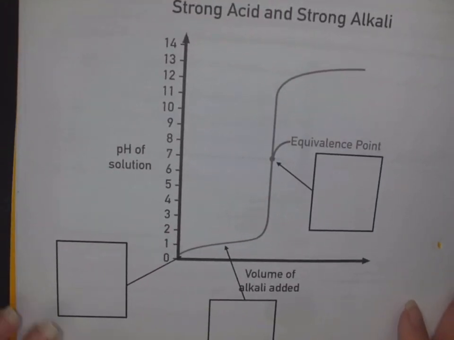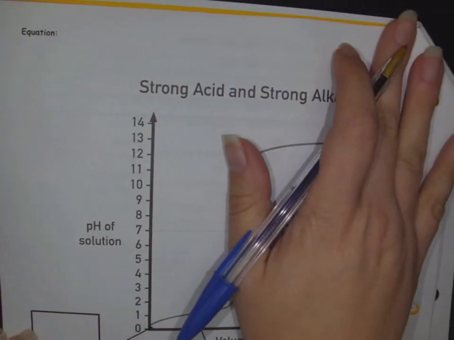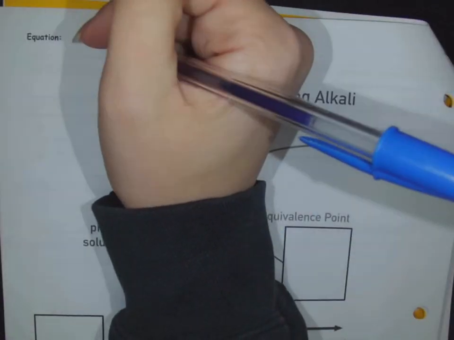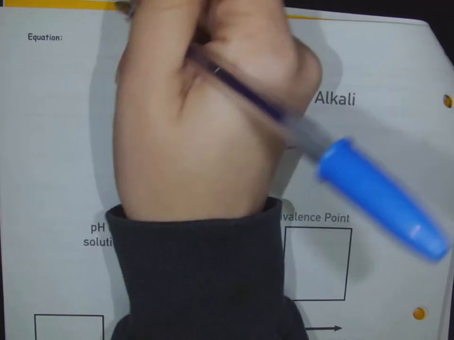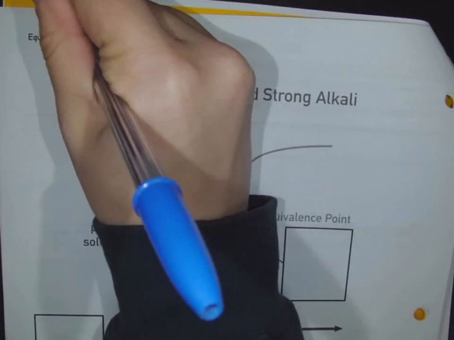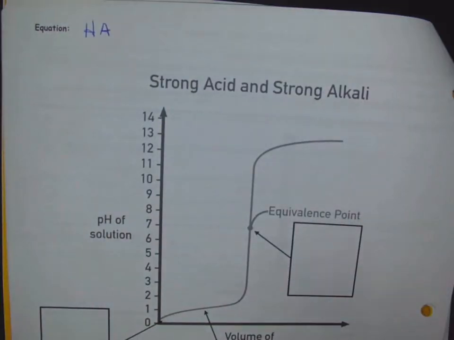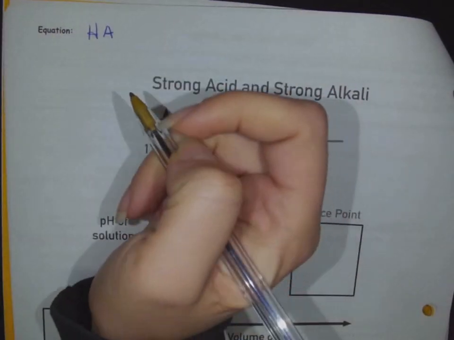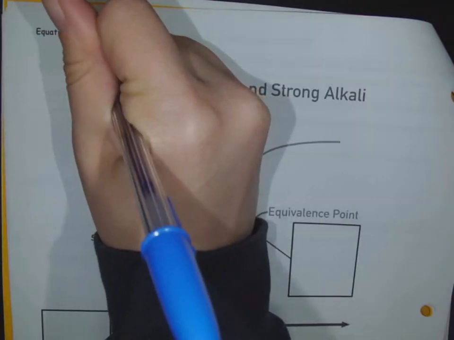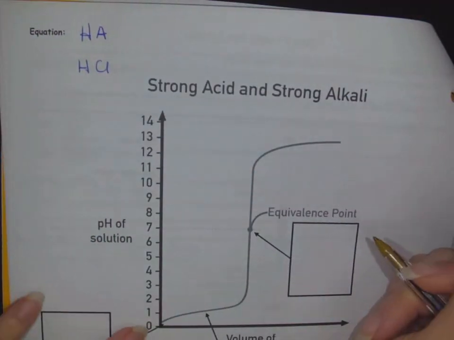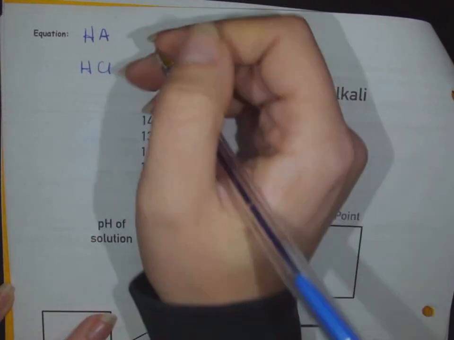So what's going on? Let's start with an equation. So it looks like we have a strong acid here, okay? So the strong acids have hydrogens in the front of them. I'm just going to do an HA for the strong acid, and then I'll do an example underneath this, like hydrochloric acid's really common, HCl, okay? So the A is a placeholder for the other part of this acid.